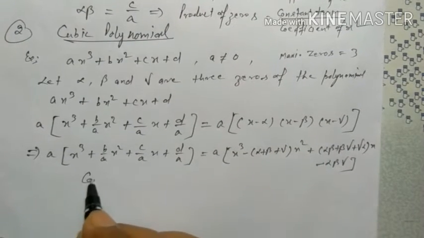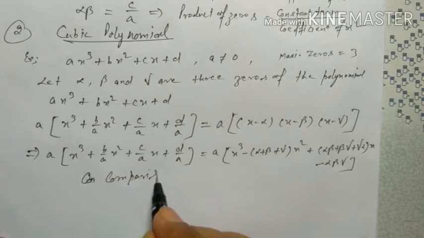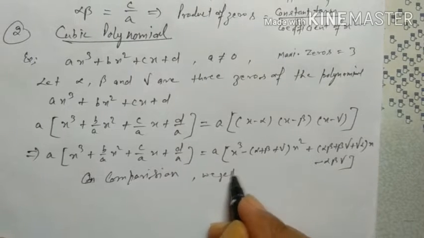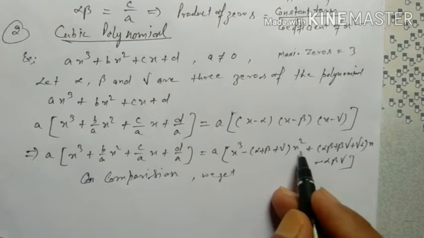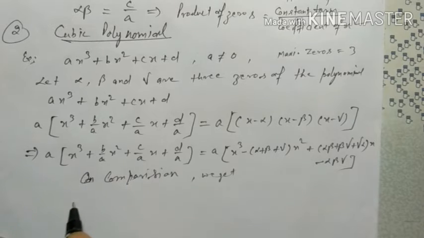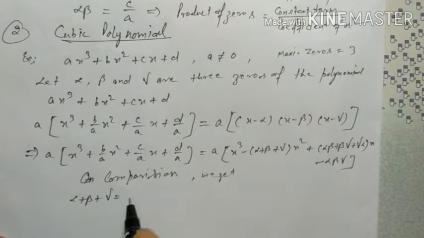So on comparison, alpha plus beta plus gamma equals minus b by a.